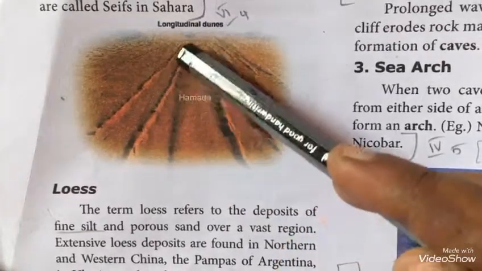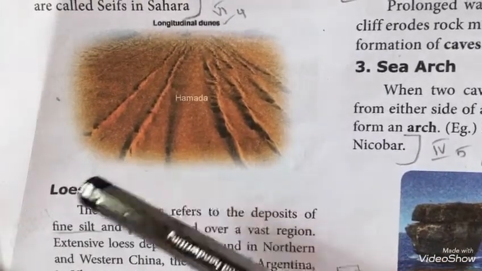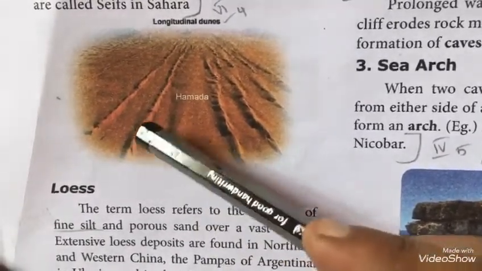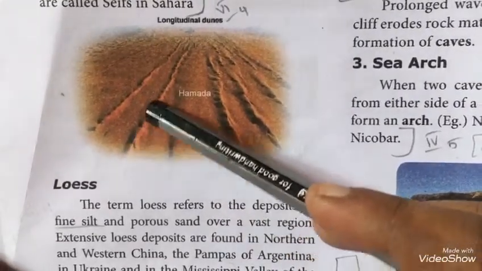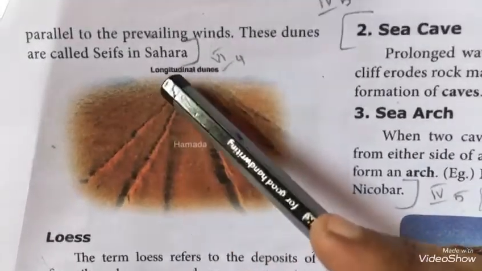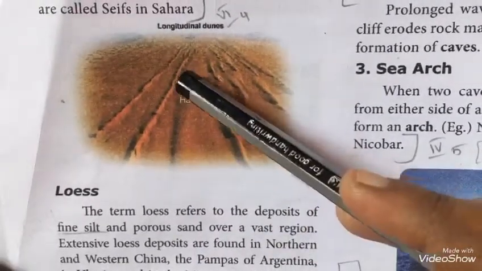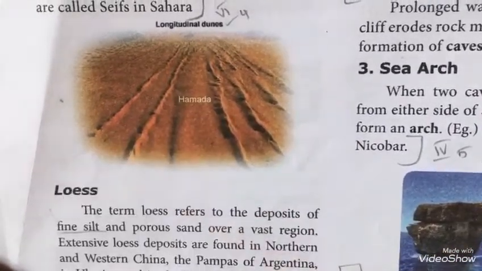It is formed parallel to the prevailing winds, means the windward side. So in the Sahara, these dunes are called seifs.